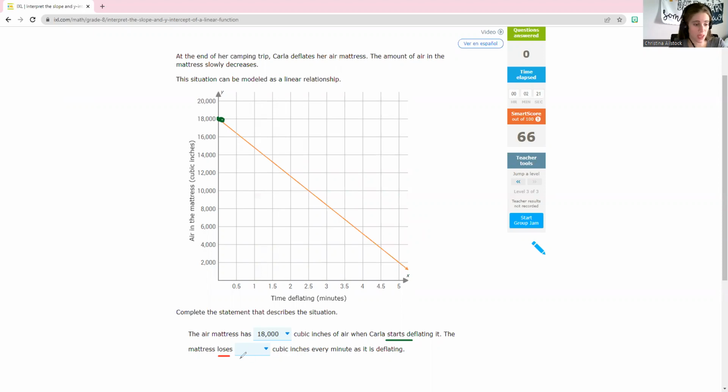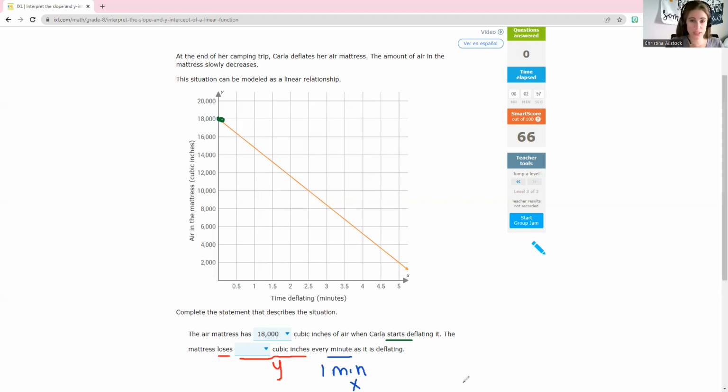So it's saying that this is the y value, and then if it's every minute, it's going to be every 1 minute, which would be like our x value. So a lot of times when it's simplified like this, where it's per 1 single unit, we just write it like this. That's why, when we talk about speed, 50 miles per hour, that's 50 miles per 1 hour. But we just write it as per hour, or in this case, it's just how many cubic inches per minute.